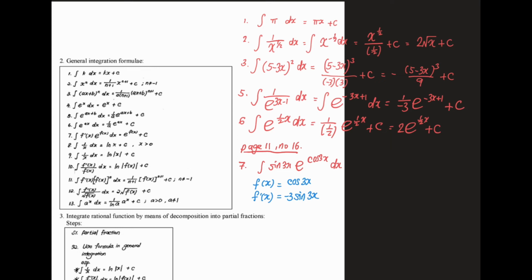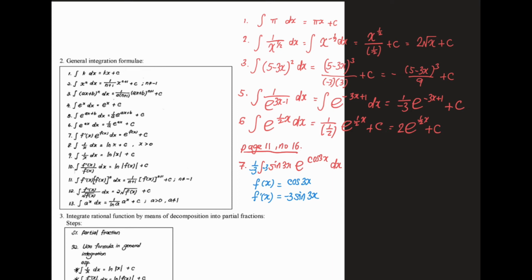I realized that the sine 3x that stays in front of the exponent is not f prime of x yet. So we need minus 3. Because of that, I can multiply with minus 3 over here, then I divide by minus 3 outside to balance back the value.